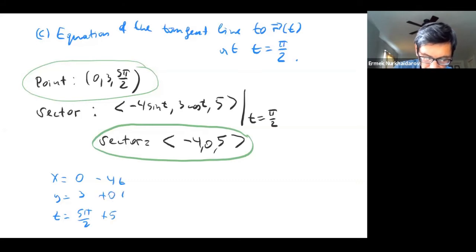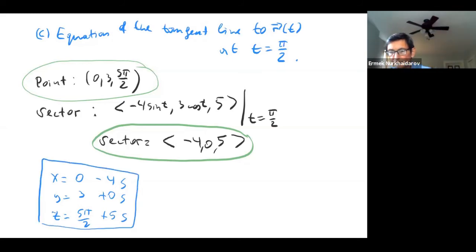Multiply vector by t. If we want to be careful, maybe we want to avoid t because t is already taken as the parameter for the original curve. So maybe you want to use a different letter, say s, because we don't want to confuse this parameter with the parameter of the original vector function. Just to play safe. And that's going to be the answer for you. Then we'll move on.